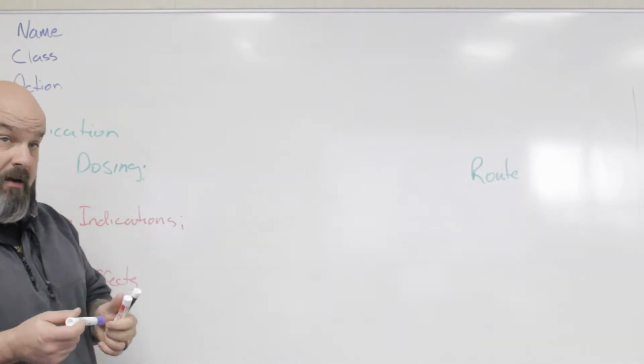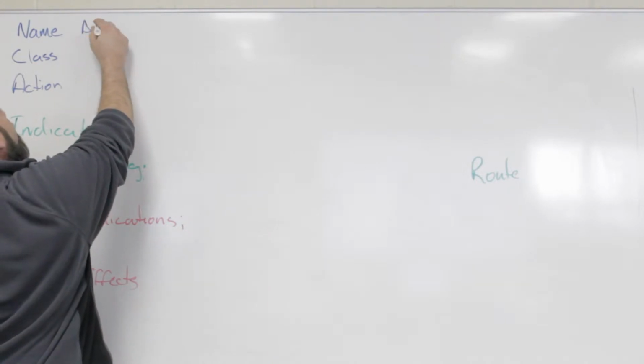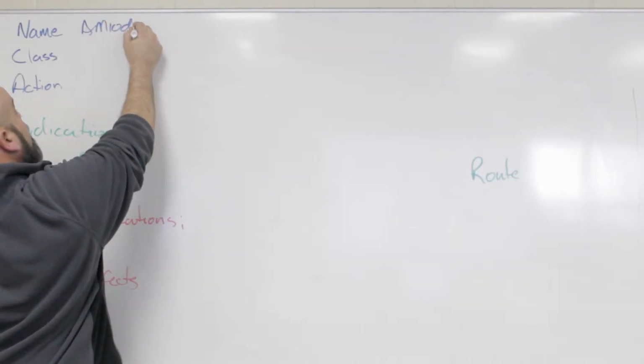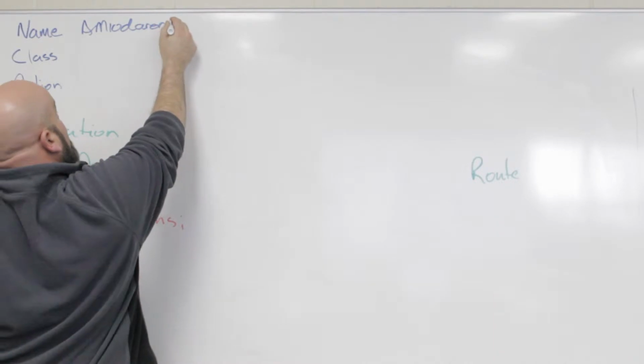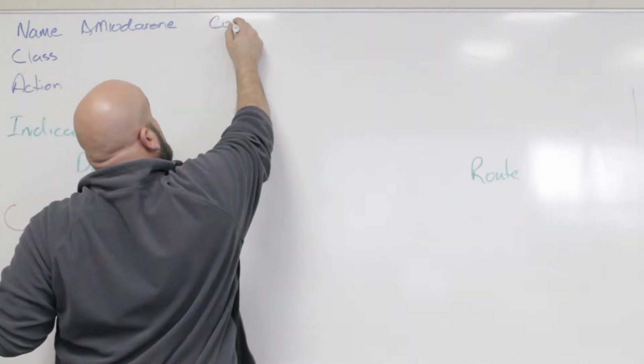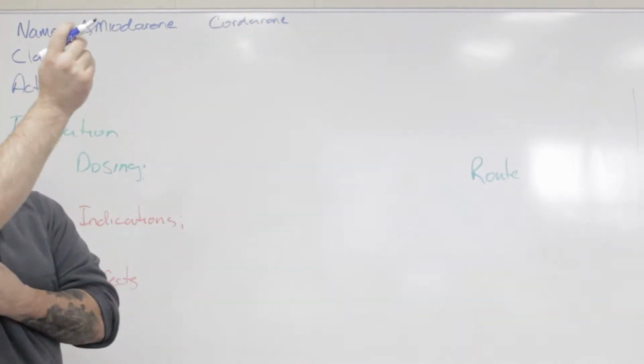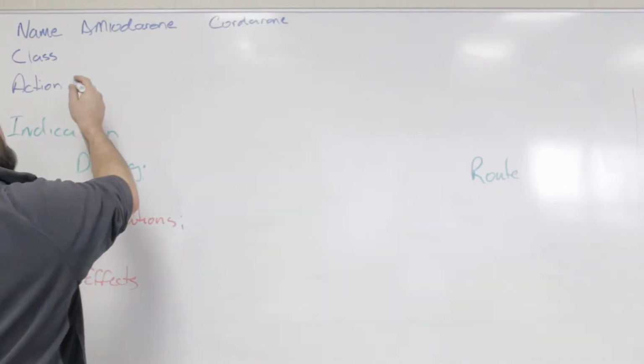Okay, now we're working on amiodarone. Amiodarone or cortisone. This is a class 3 antiarrhythmic.